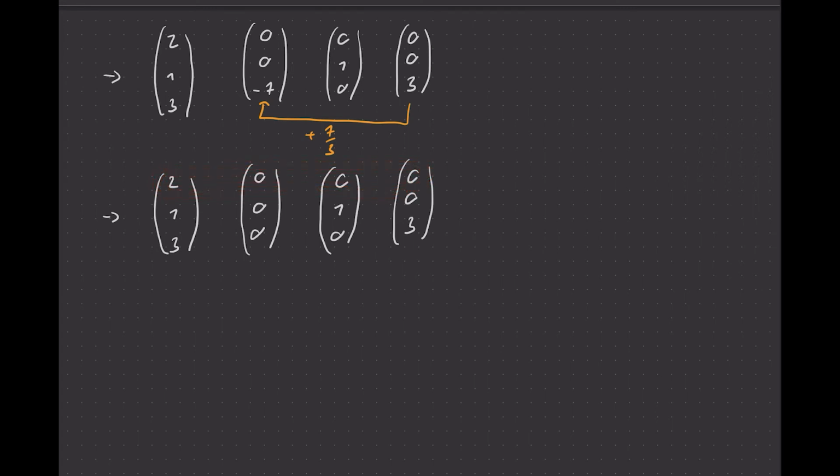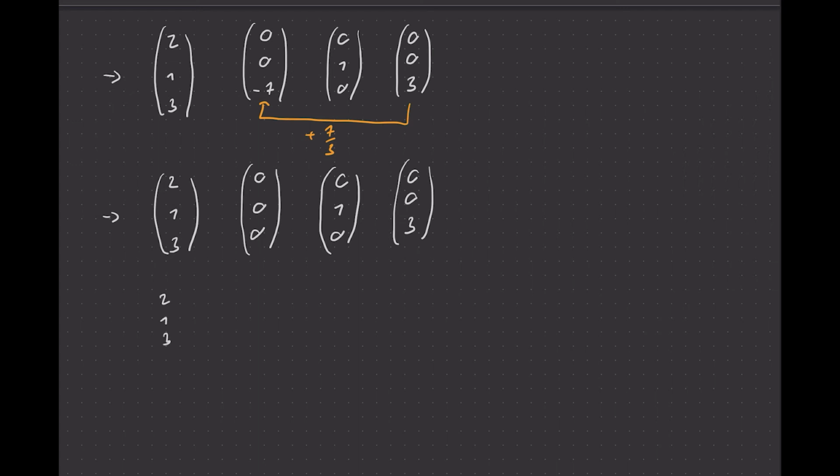And then for the remaining 2, the only chance to get coordinates 2 and 3 to 0 would be to take 0 times the third vector and 0 times the fourth one. So we can see this is a set of linearly independent vectors.